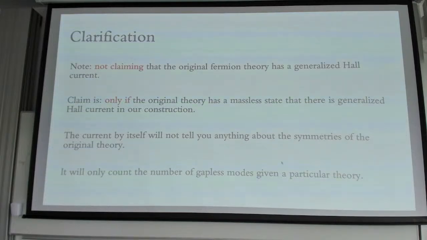So let's say you are doing the 1+1D calculation with the 0+1D edge states. On the boundary of this 0+1 dimensional world, you can compute the number of degenerate ground states.